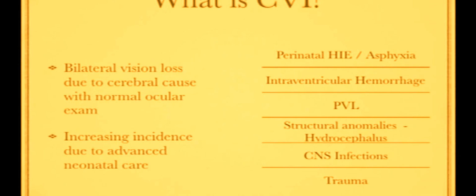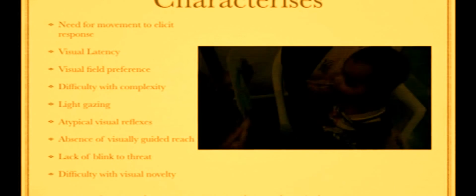The causes include any problem in the neonatal period like hypoxic ischemic encephalopathy; a child who didn't cry immediately after birth is a warning bell. Any cause of birth asphyxia, hemorrhages, preterm children with periventricular leukomalacia, structural anomalies, hydrocephalus, meningitis, trauma, all these could be the causes for cortical or cerebral visual impairment.